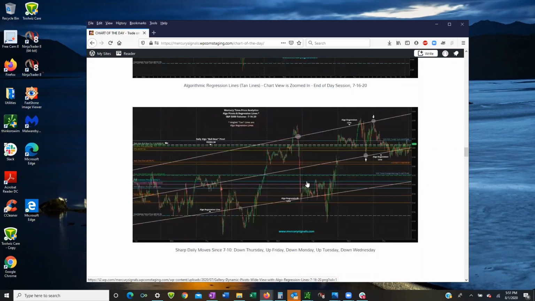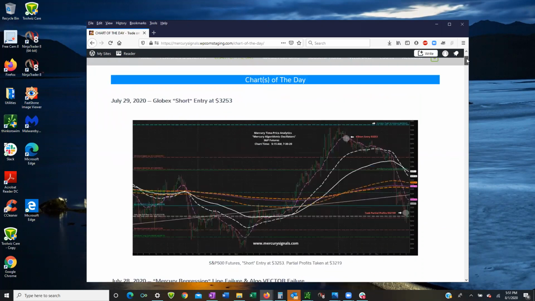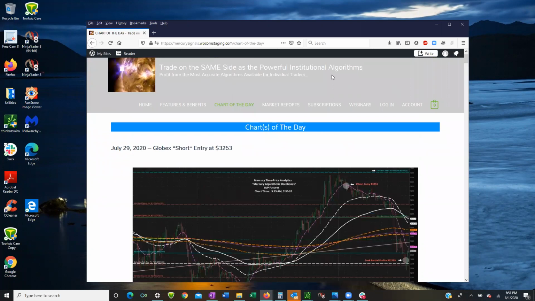The reason we have institutional inquiries regarding if we're willing to sell this stuff, it's not because they want to use it. Although there are some things that they literally do not have. They don't have anything that does what those Mercury bands do, and they don't have anything that does what the regression lines do, because it's a proprietary formula. Nobody does regression lines with the formula I do, and nobody knows how to do those vectors.